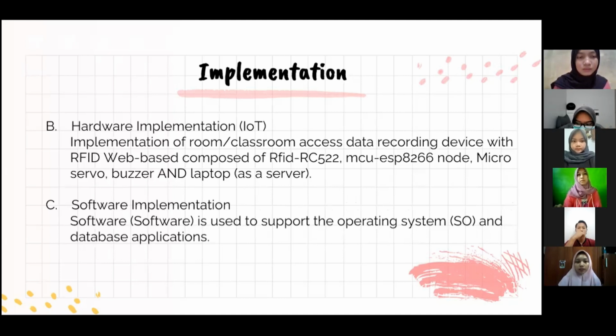B. Hardware implementation or IoT. Implementation of the room or classroom access data recording device with web-based RFID is composed of RFID, NodeMCU, microservo, buzzer, and a laptop as a server. C. Software implementation. Software is used to support the operating system and database applications.